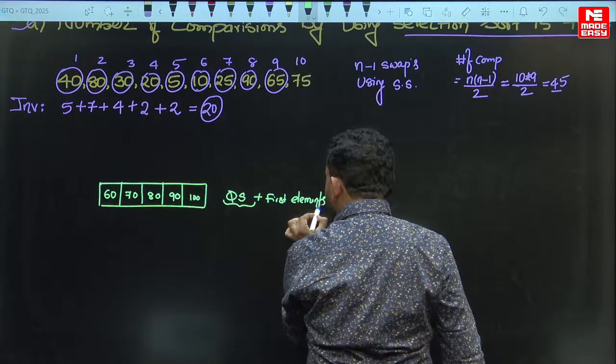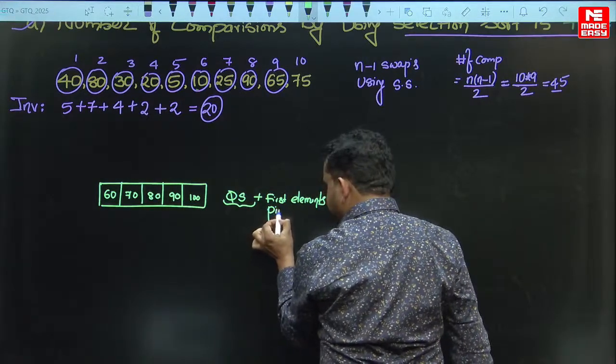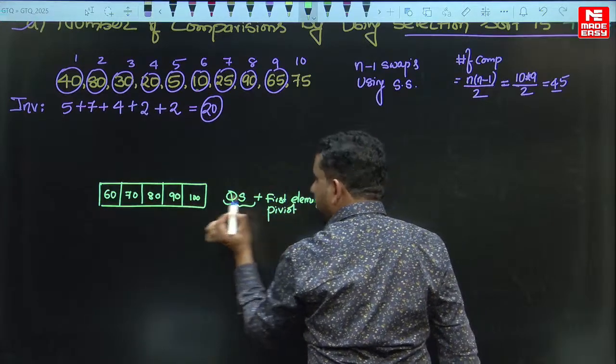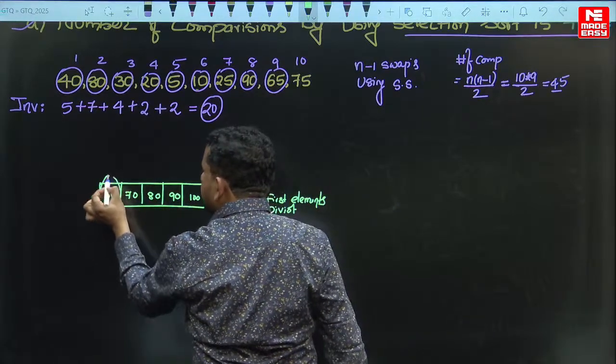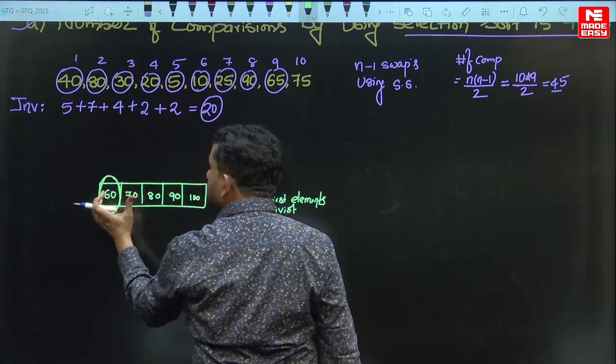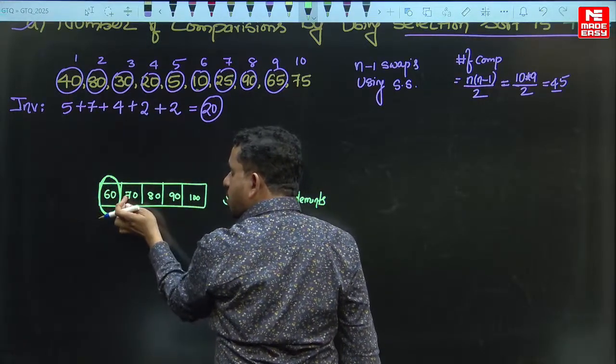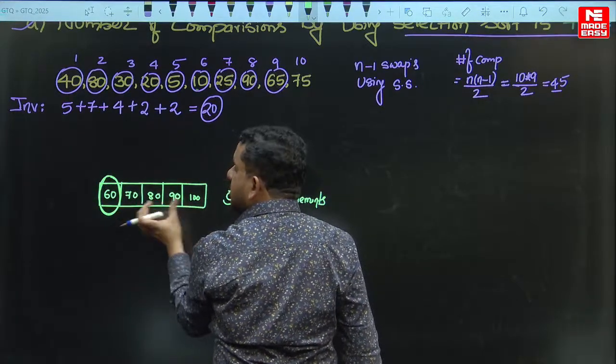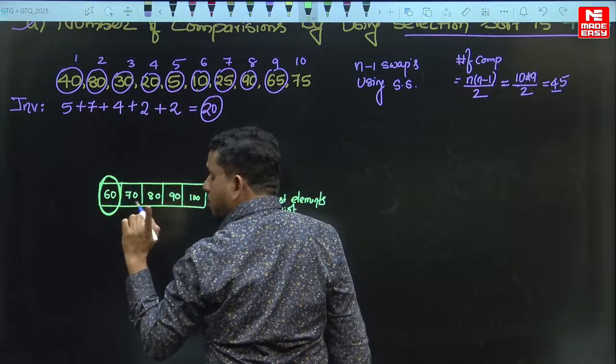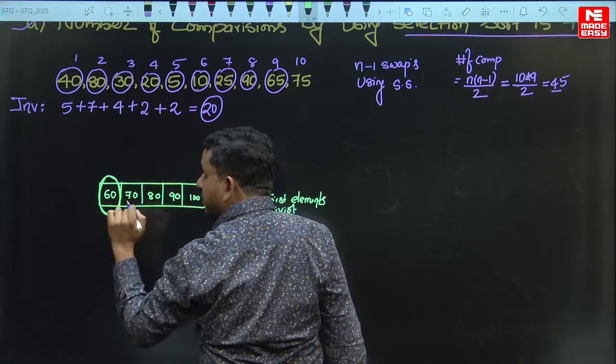So the number of swaps. See, 60 is already in the correct position, since 60 is smaller than the remaining elements, so only one swap is required for each partition.